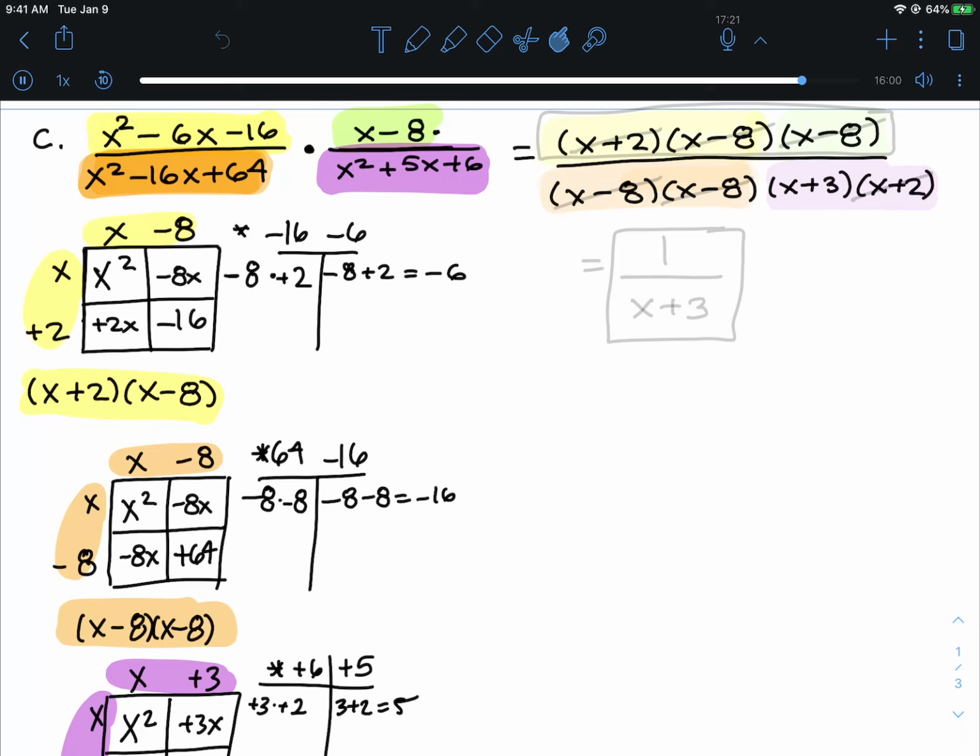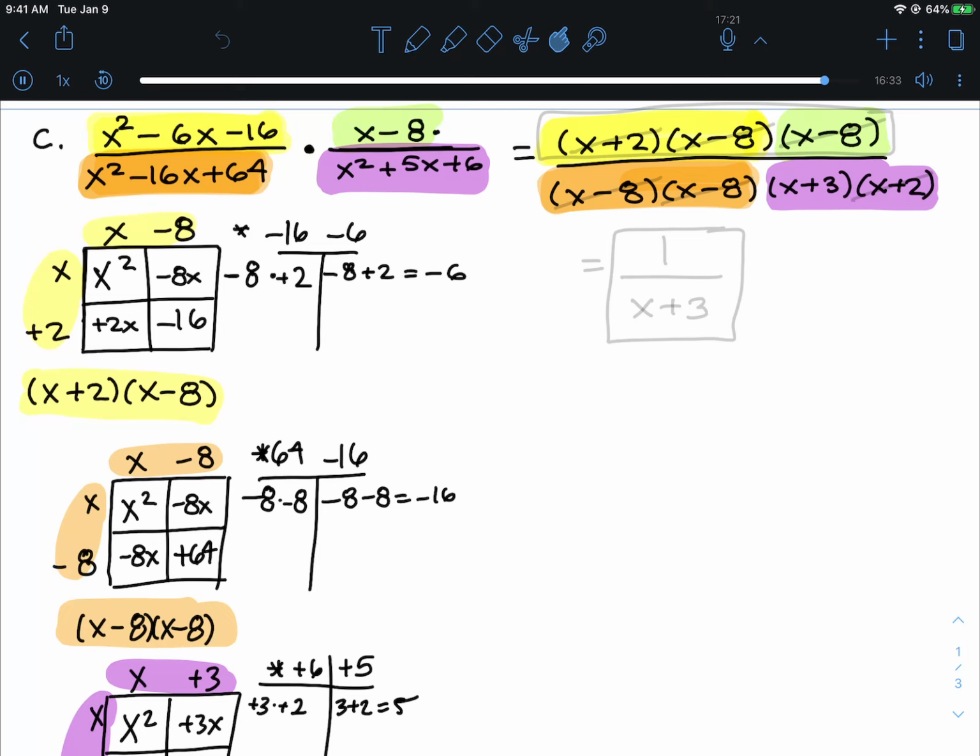And I'm going to color code them for you guys so you know where these came from. So the purple one is going to be this right here, just rewritten in factored form. And then this one stayed the same, did not get factored out at all. And then the orange one will be this right here. So I just literally rewrote them. Okay. And then the yellow one, which will be this right here. Okay. So that's what we have.